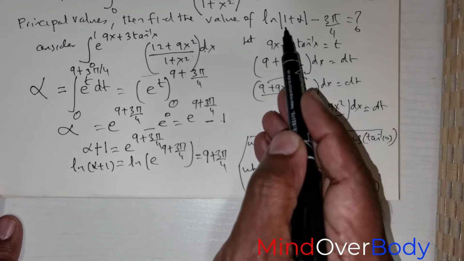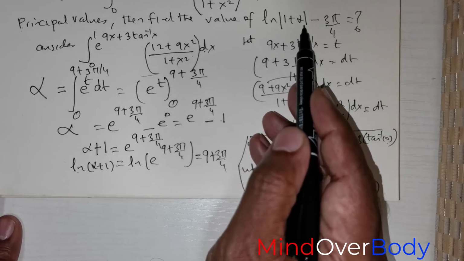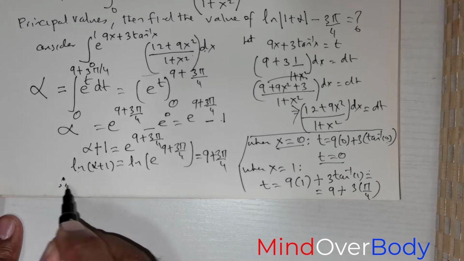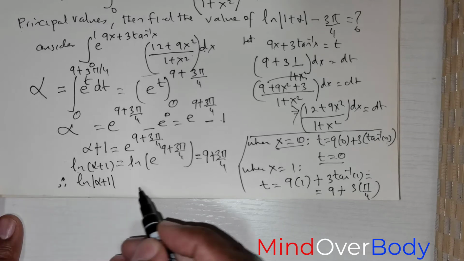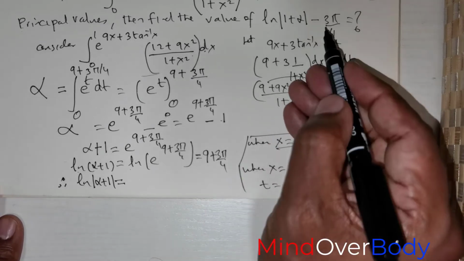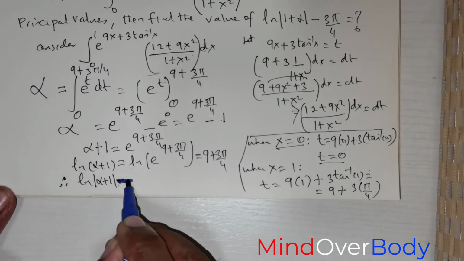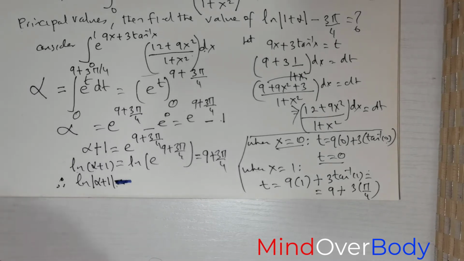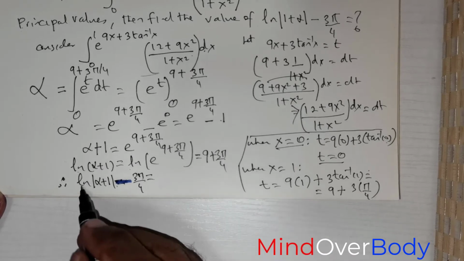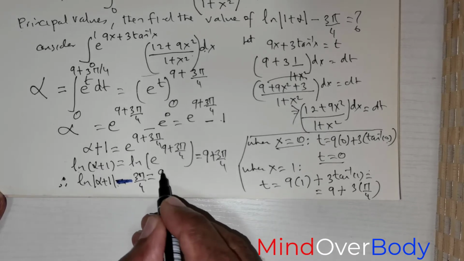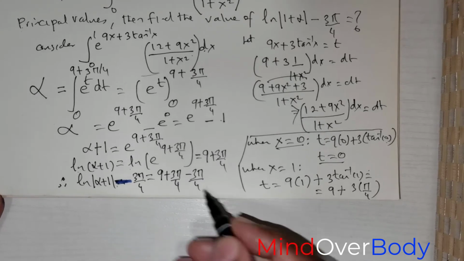But we are expected to find the ln of (1 + alpha) minus 3π/4. So therefore I can state here ln of, you can either write it as alpha + 1 or 1 + alpha, minus 3π/4, in fact I should have placed this negative sign. So it's going to be ln of (alpha + 1) minus 3π/4 is equal to, for ln of (alpha + 1) I can substitute 9 + 3π/4, but there is a minus 3π/4, so substitute.